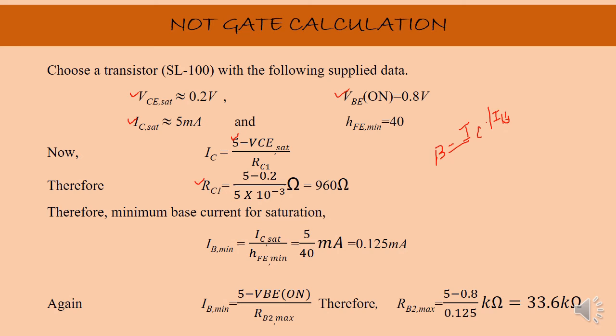A commercially available carbon resistor of 1 kilo ohm is nearly equal to 960 ohm, and 33 kilo ohm is nearly equal to 33.6 kilo ohm. So for designing, we choose RB2 as 33 kilo ohm and RC1 as 1 kilo ohm. This is the calculation of a NOT gate, and from the design we determine the values of RB2 and RC1. These values we put into the circuit for proper designing.